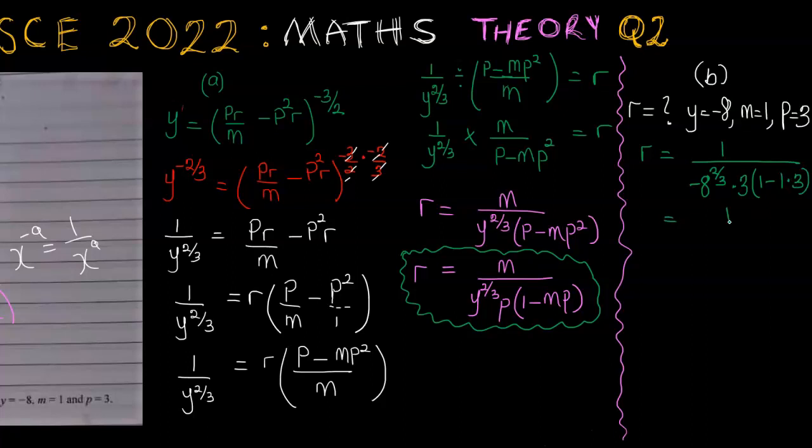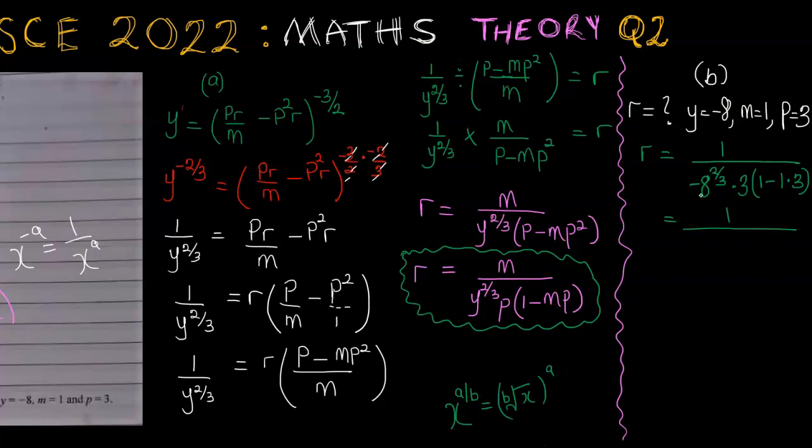This is equal to 1 divided by negative 8 raised to the power of 2 over 3. We are going to have to rely on one of the laws of indices that states that x raised to the power of a over b is equal to the bth root of x raised to the power of a.